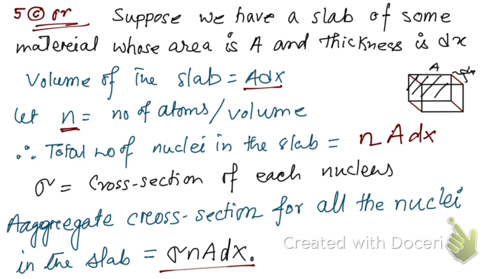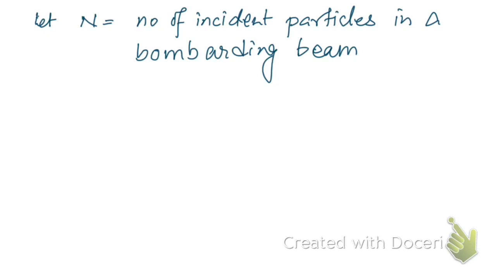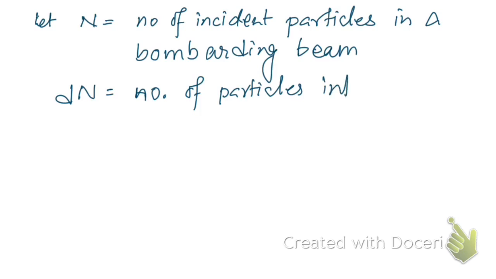Now let capital N be the number of incident particles in a bombarding beam, and let me write here, dn is the number of particles that interact with nuclei in the slab.